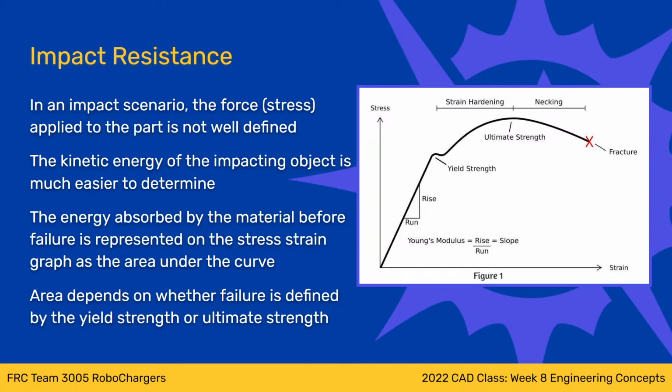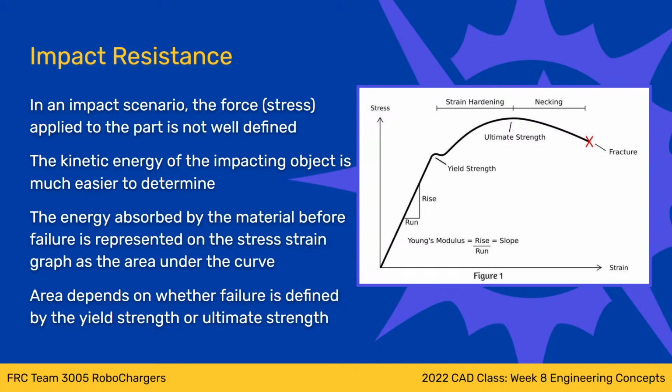And the reason for that is, with an impact, the force is not the primary interaction. The primary interaction is actually deceleration, right? You get an impact. One object is moving, it hits another object. The object that's moving starts decelerating, and as it's decelerating, it's applying force to the other object, and you don't necessarily know what that deceleration rate is, and so it's difficult to determine what the force is.